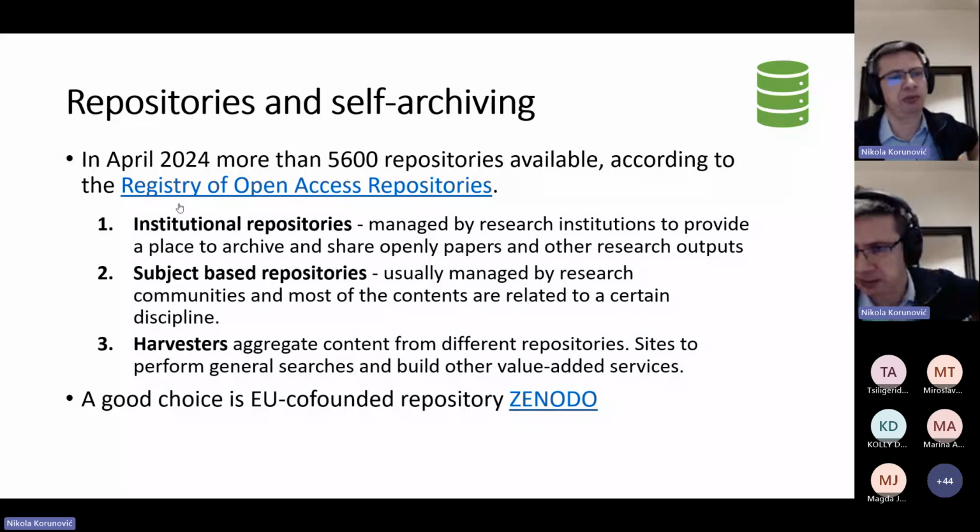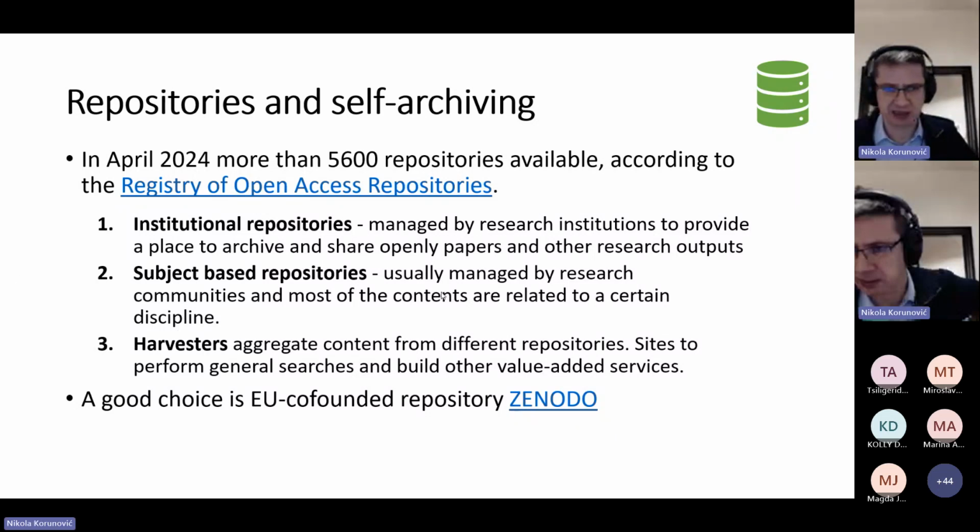You can see those repositories in this registry of open access repositories. You will have this presentation available after this training, and you can click on all those links and then further explore the options. There are generally three kinds of repositories. The first are institutional repositories that an institution makes available. For example, your faculty or your university can give you the repository for all the workers or all the researchers to publish there.